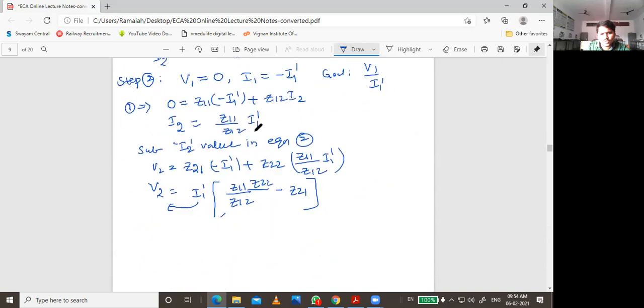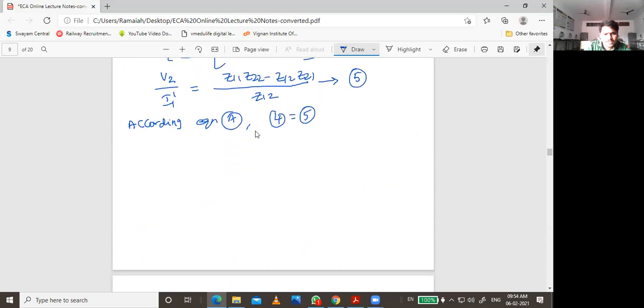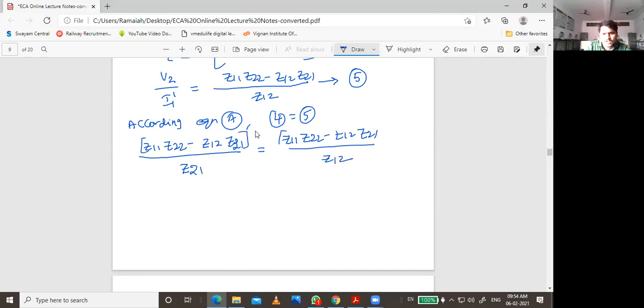Z11 Z22 minus Z12 Z21 by Z21 is equal to Z11 Z22 minus Z12 Z21 by Z12. So the numerators are both the same, so they cancel.